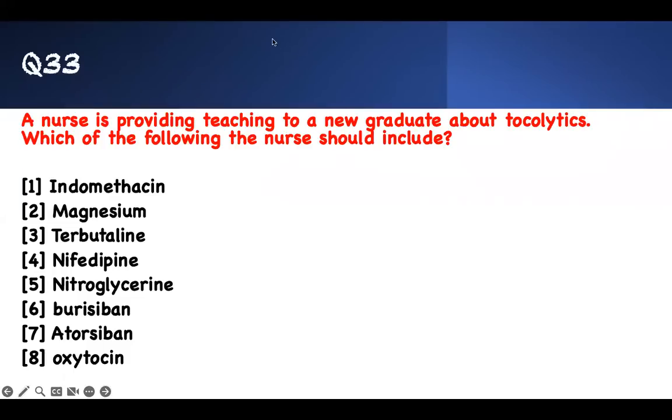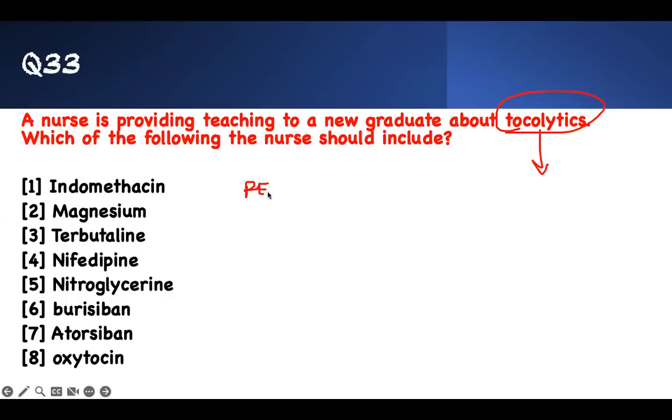Next one. Same thing, pharmacology. This is providing teaching to a new graduate about tocolytics. Which of the following should the nurse include? The way the words sound, you think you're speeding up. No. Every time you see this word, say, hey, I need to slow things down. The words don't sound like slowing things down, but the best way to remember is to slow down the uterus to prevent contraction.